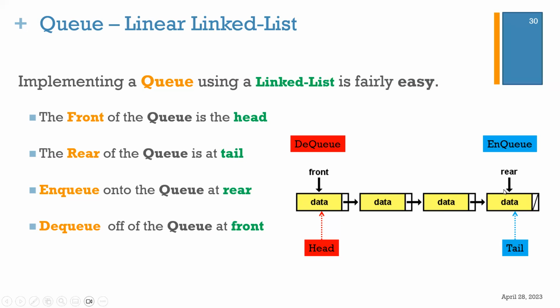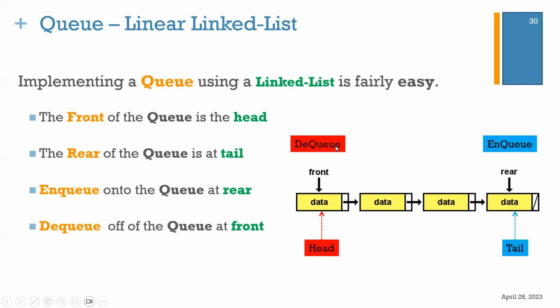So what method in a linked list can we use to NQ and what method can we use to DQ? The method we'll use for NQ is add tail. Add tail means that we'll add a new element at the rear, at the end of the linked list. This is the NQ method. So we'll handle the tail for rear, but for DQ we'll handle the head.